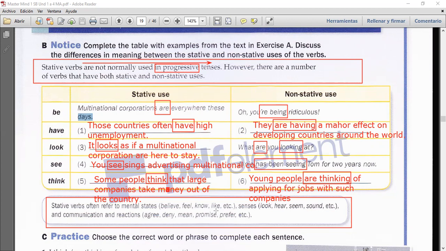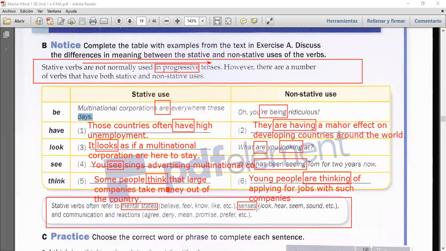So stative verbs often refer to mental states, okay? Believe, feel, know, like. As a sense: look, hear.